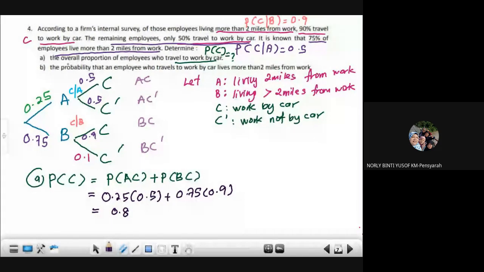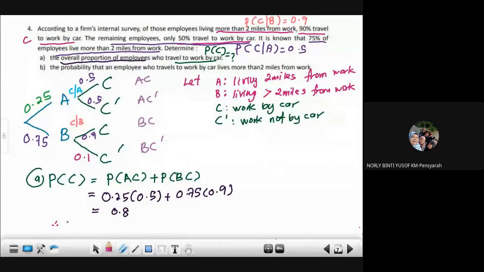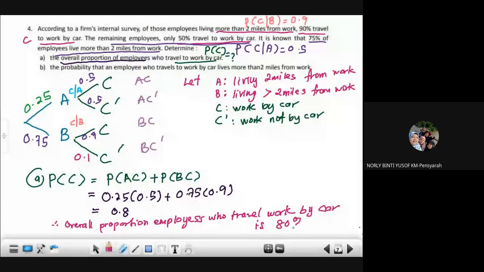Tapi your question is overall proportion. So bila overall proportion adalah percentage. Macam ni lah dia bagi percentage but you turn out to probability value. So jawapan akhir dia bukan 0.8. Jawapan akhir dia adalah overall proportion employees who travel work by car is 80%.